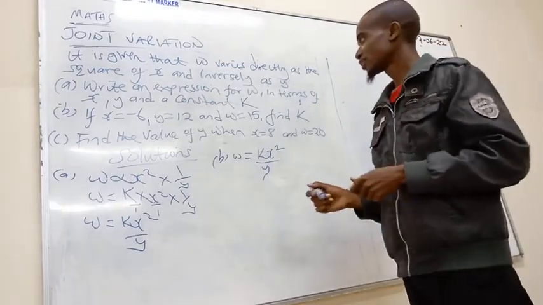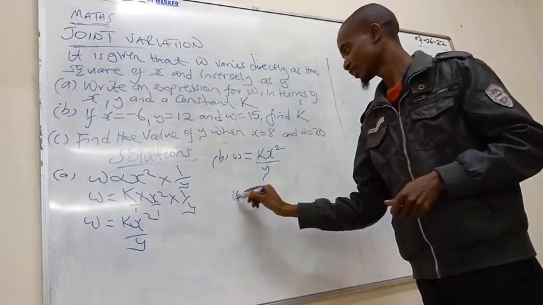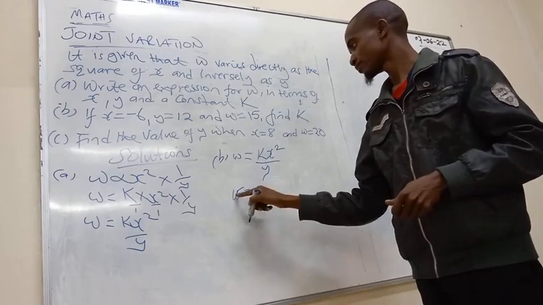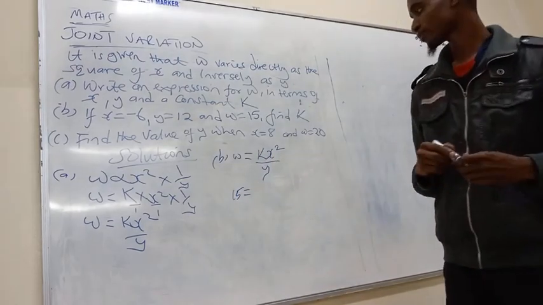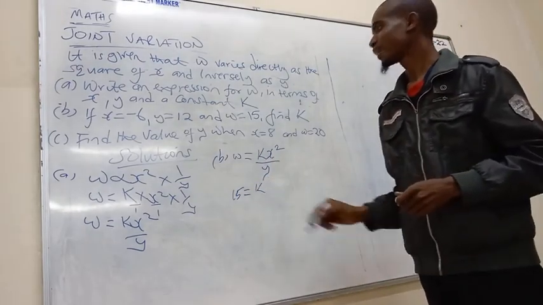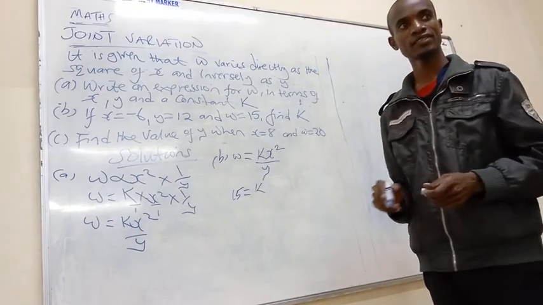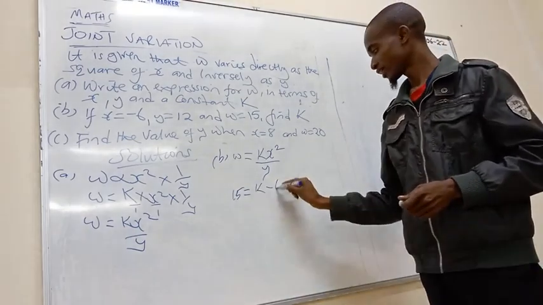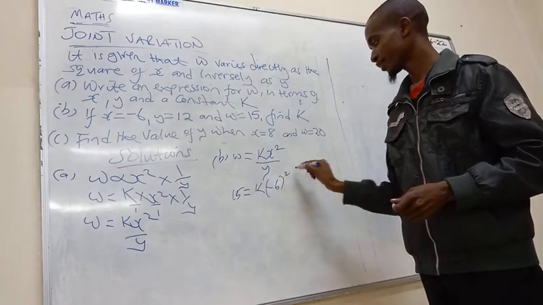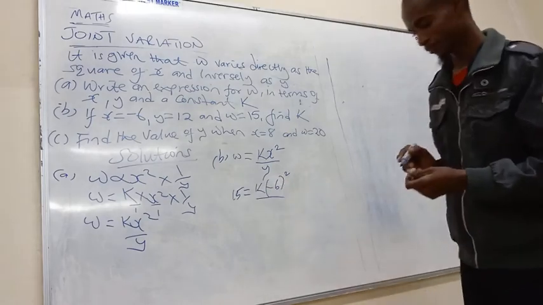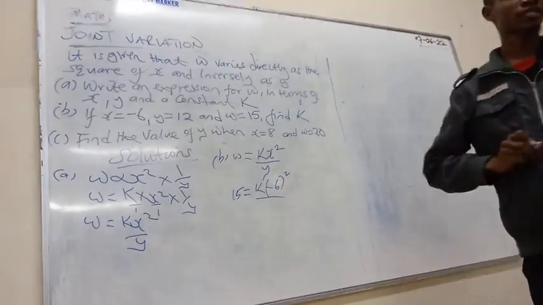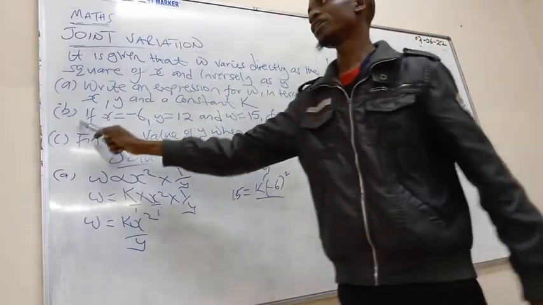Let's do it. So W is 15, right? K we don't know. X is -6, so there's a square. We are on B now.